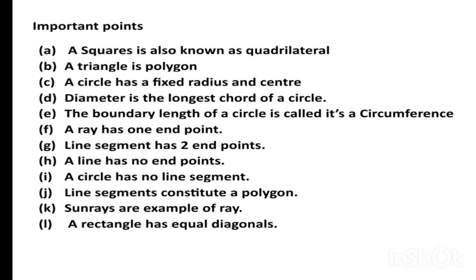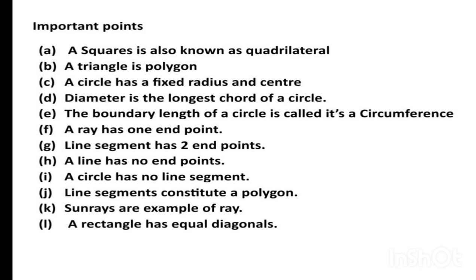Chord means the distance from one point of the circumference to another, and this is known as chord. If you draw any chord in the circle, you will get to know that diameter is the longest chord. You cannot draw a longer chord in a circle.